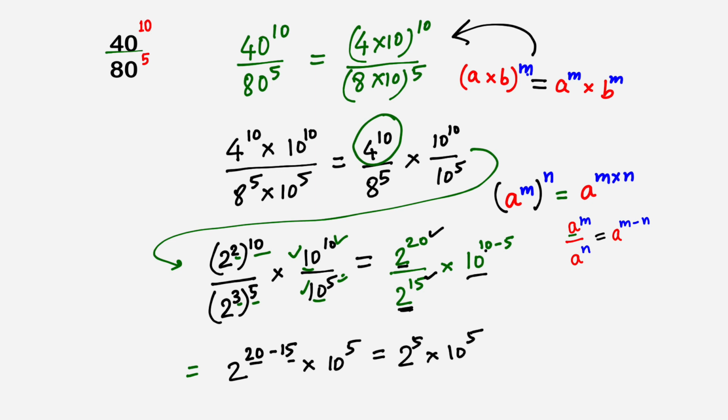Now 2 raised to the power 5 is nothing but 2 into 2 into 2 into 2 into 2, 2 multiplied 5 times. So 2 2s are 4, 2 4s are 8, 2 8s are 16, 2 16s are 32.